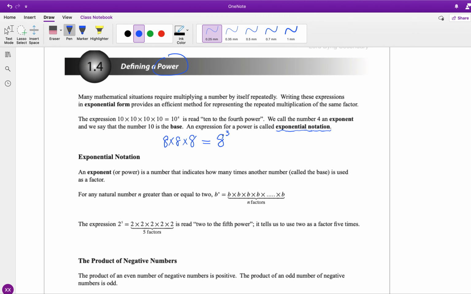Now here, the 8 is called the base, and the 3 is called the exponent. Then the whole thing, 8 to the power of 3, could be called a power.